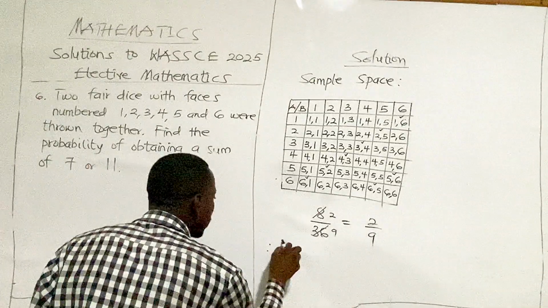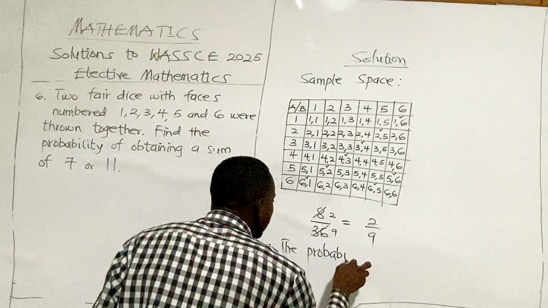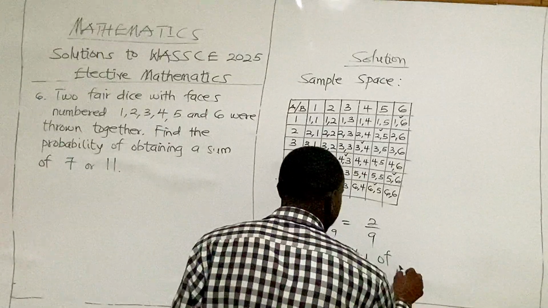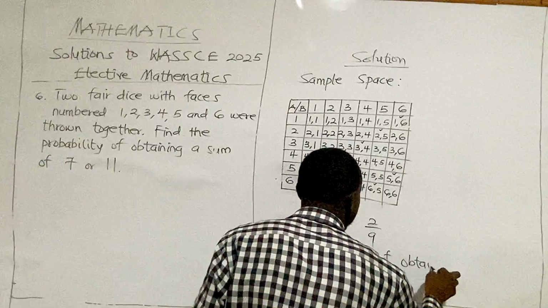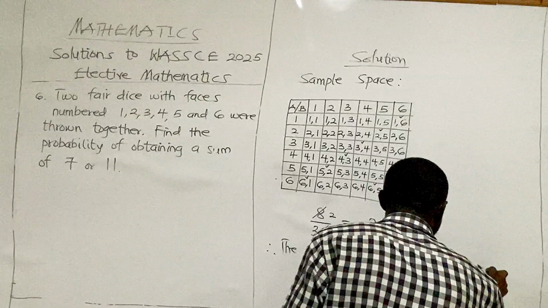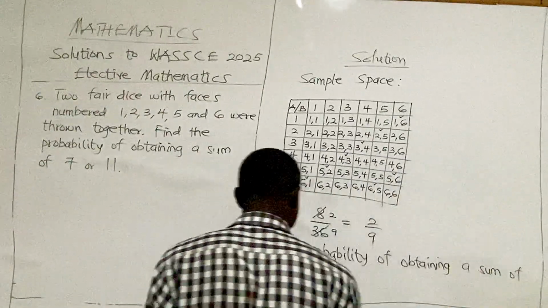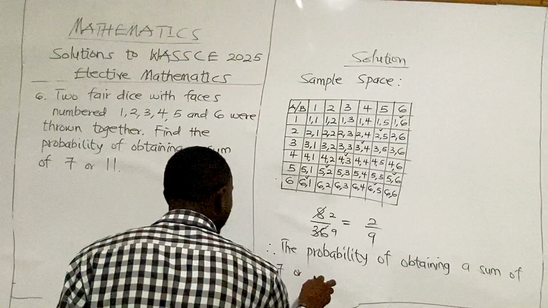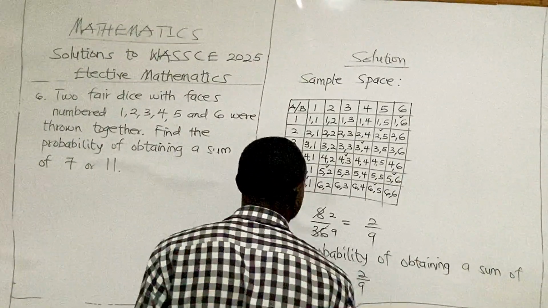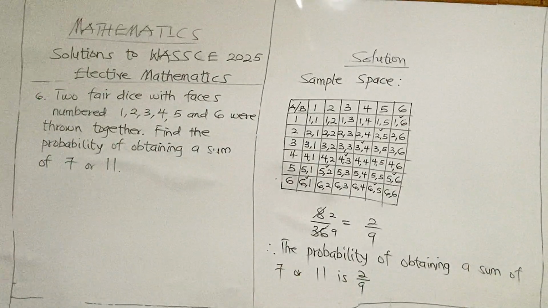So therefore, the probability of obtaining a sum of 7 or 11 is 2 over 9. And this is the end of question 6.